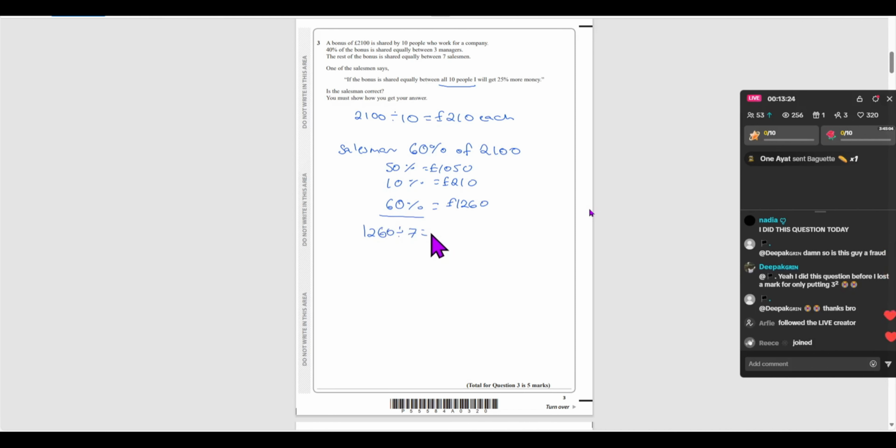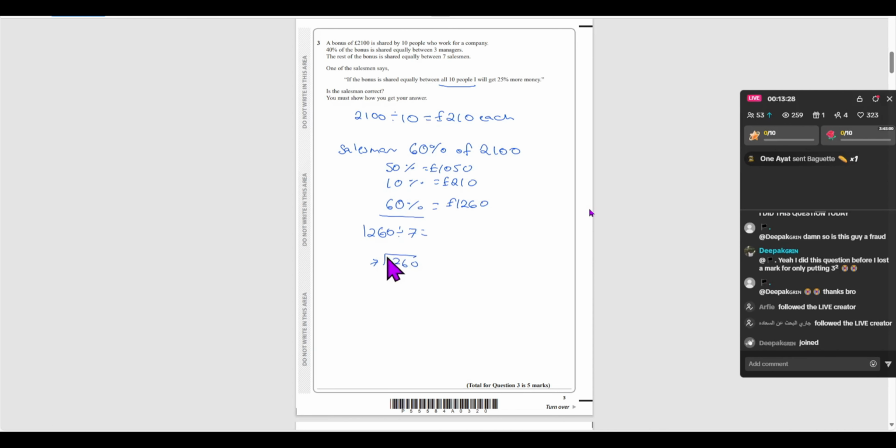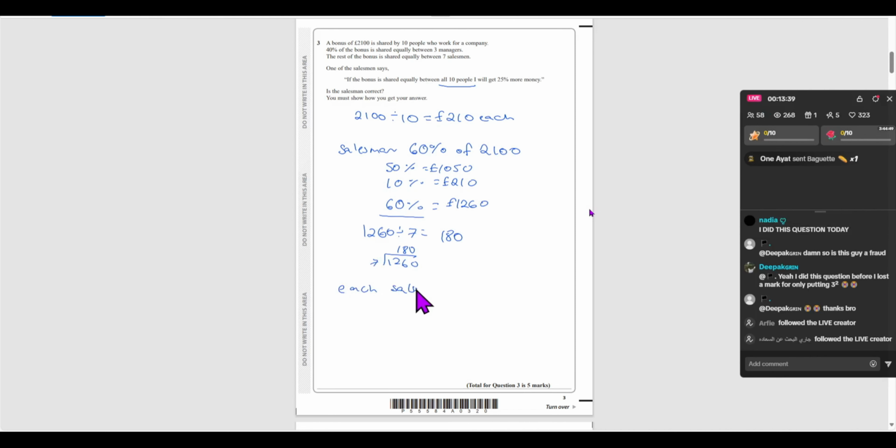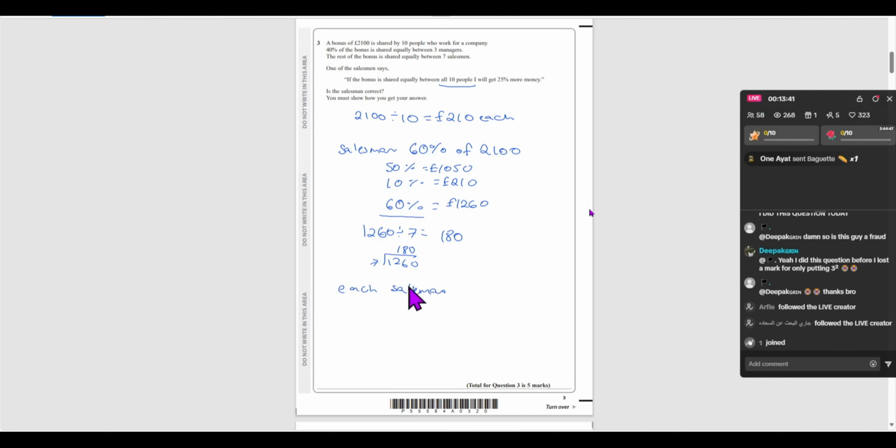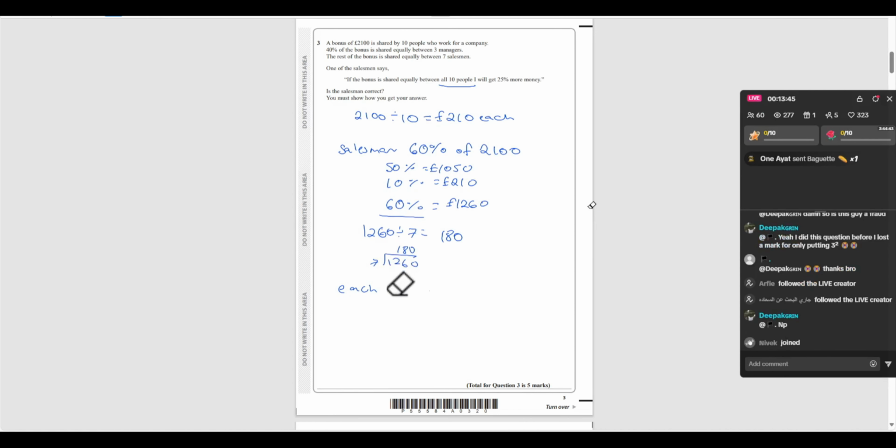So 1,260 divided by 7, using our bus stop method, we'll get 180. So now each salesman gets £180.